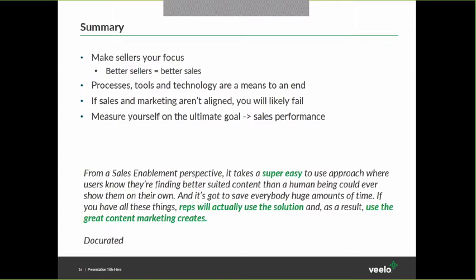So, in summary, I think there are a couple of key themes that run through all 5 of these mistakes. The salespeople need to be your focus, and better sellers means better sales. So by all means, reduce inefficiency and waste, but if that's all you're doing, you're back to the tip of the iceberg and you're not tackling the entire problem.